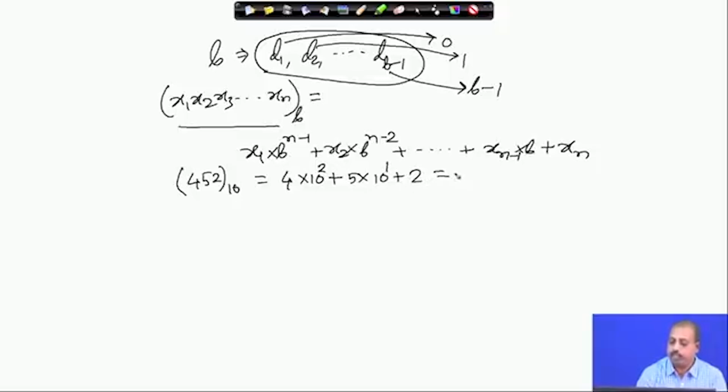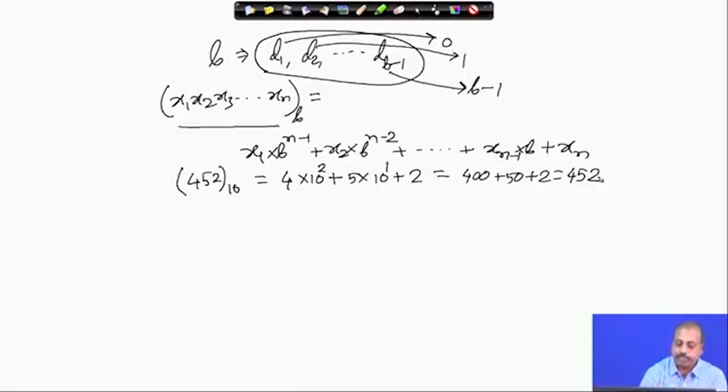So, it is 400 plus 50 plus 2, which is 452. In this way, whatever be the base, we can find out the corresponding number in the decimal system.